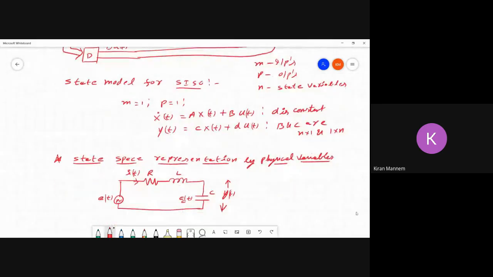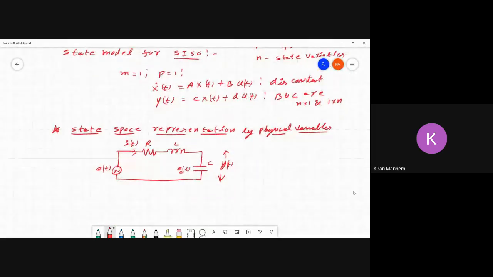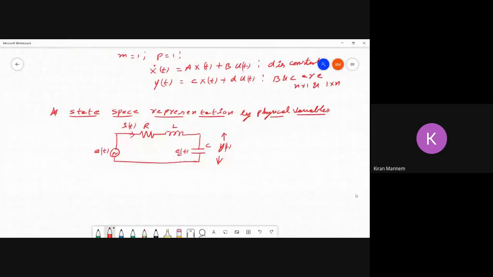So the next topic is state space representation by physical variables. How do you represent these physical variables in terms of state variables? What do you know about the state of this particular circuit? It is purely dependent on the inductor and capacitor of the circuit, since they are frequency dependent elements.